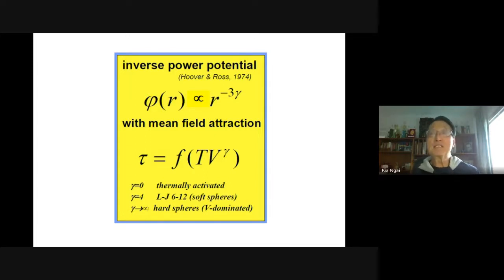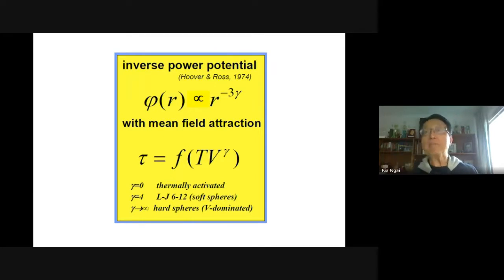What is TV gamma? Hoover and Ross, a long time ago, found out from rigorous statistical mechanics that if the repulsive potential goes as r to the minus 3 gamma, then for the thermodynamic variables, pressure and temperature, you combine temperature T and specific volume V raised to the same gamma.